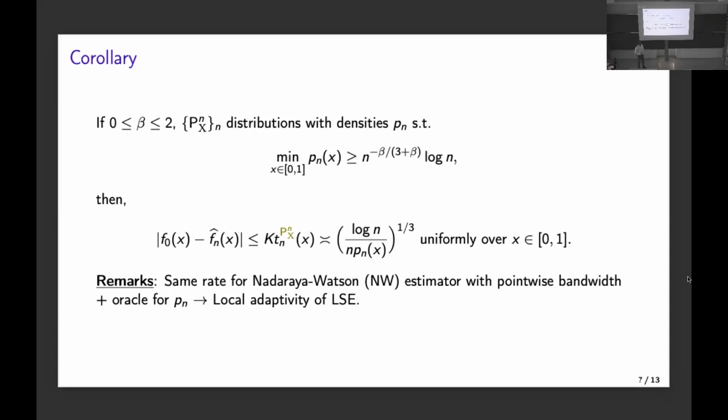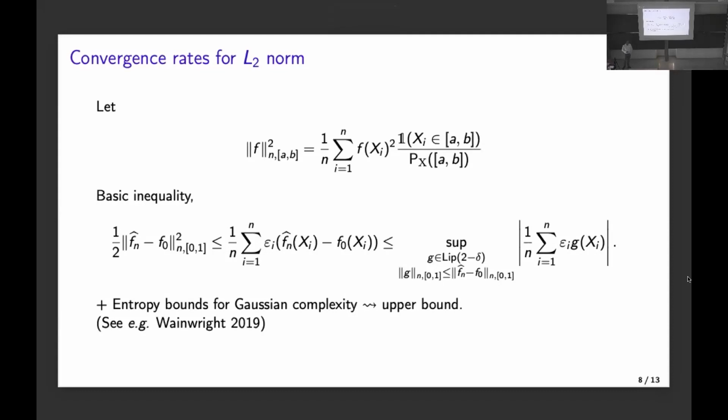Okay, and now I have 2 slides about the proof. So first of all, I talk about the classical way to derive bounds for Lipschitz least square estimators in L2 norm, and for that, for convenience, I have to introduce this slightly modified empirical L2 norm.